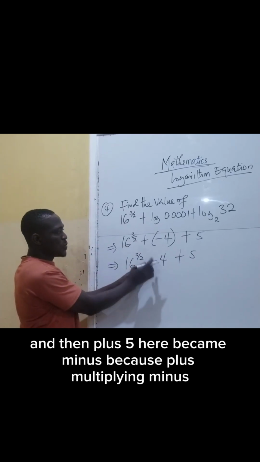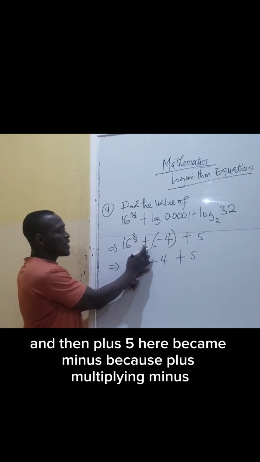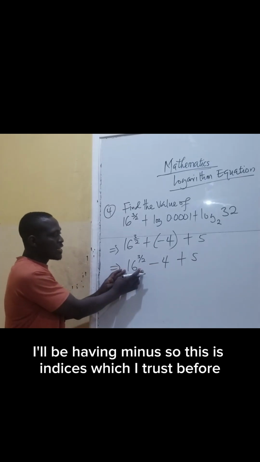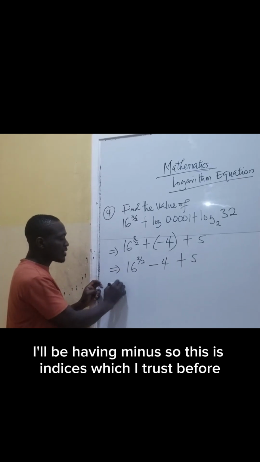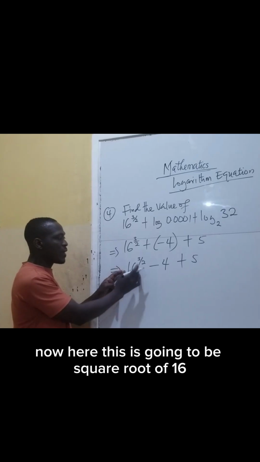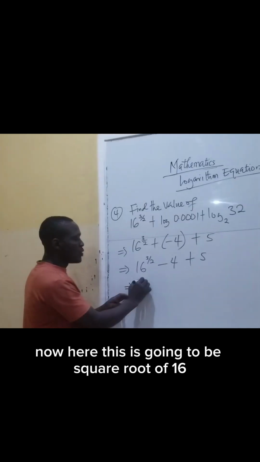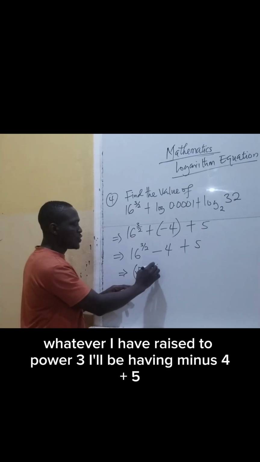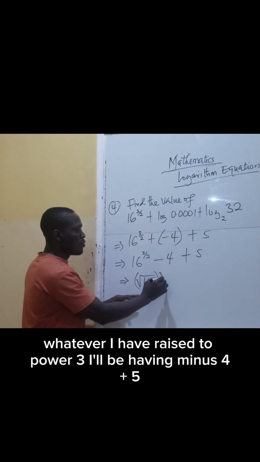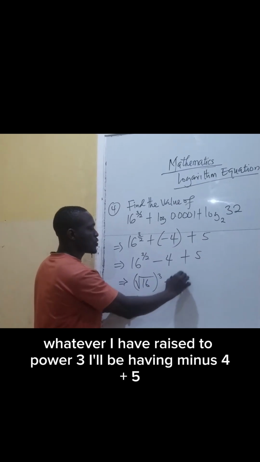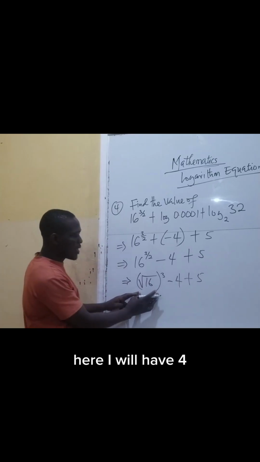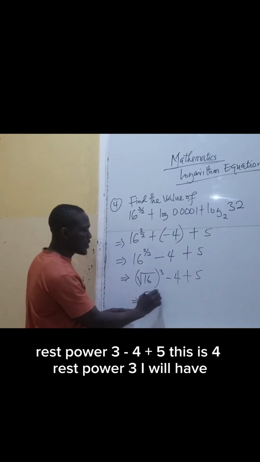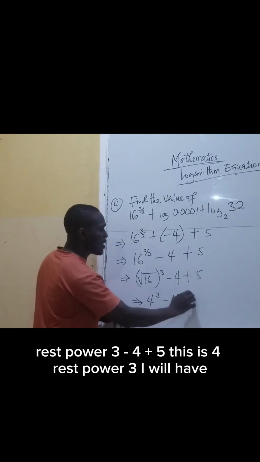Here became minus because plus multiplying minus, I will have a minus. So this is indices, which I treated before. Here, this is going to be the square root of 16, whatever I have, raised to power 3, minus 4 plus 5. Here, I will have 4 raised to power 3 minus 4 plus 5.